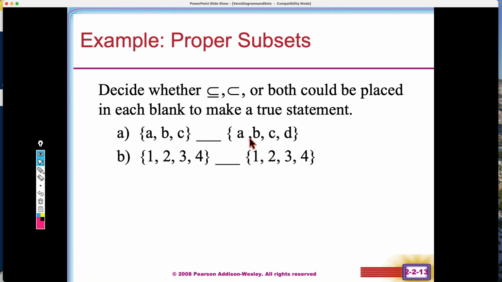No, they're not equal, but certainly everything in this side over here, ABC, is over here, so they are subsets. 1, 2, 3, 4, we talked about this one already. Since they're equal, we can only use the one symbol. We can't use the restrictive one. For the last one, we could actually use either one of them. We could use both. Subset that could be equal or just the proper subset. So far, so good. Okay.